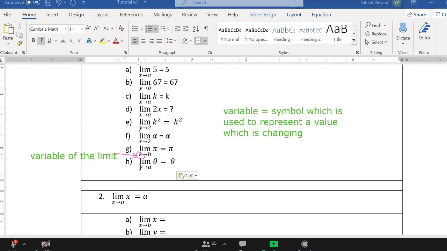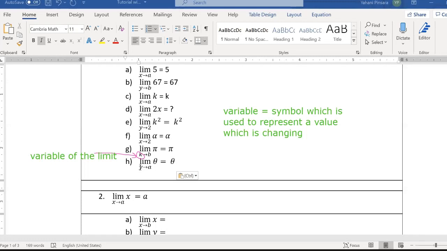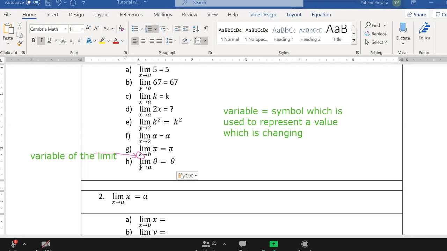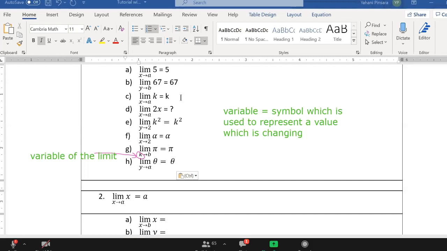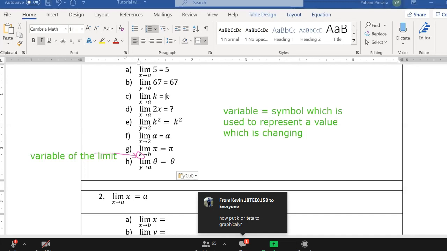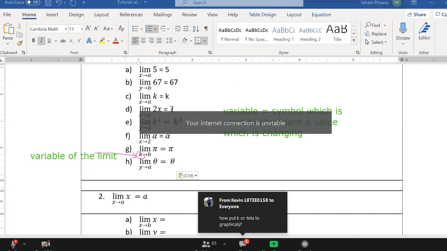Or something constant here. You can only put a... So here, if we take k, it has an exact value in this case.